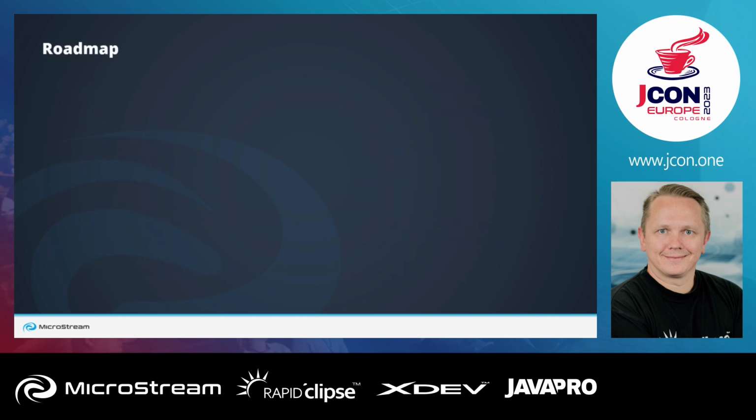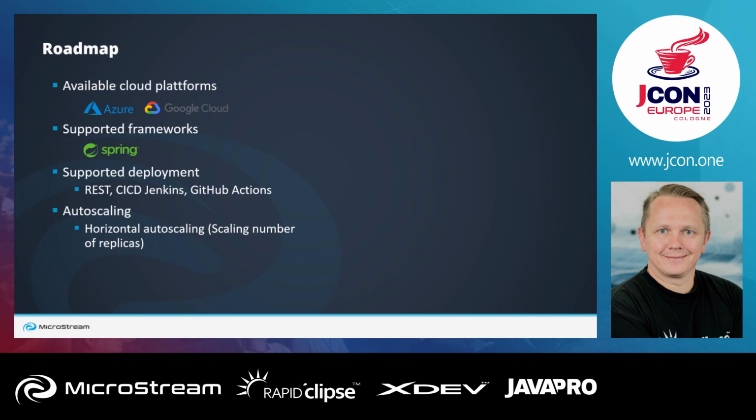What's upcoming next? What is on the roadmap? The next steps will be to open that solution to Azure Cloud and Google Cloud. Then we want to add the Spring framework, to give you the possibility to add Spring Boot applications to that cluster.